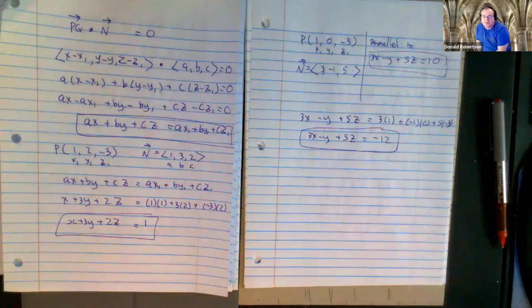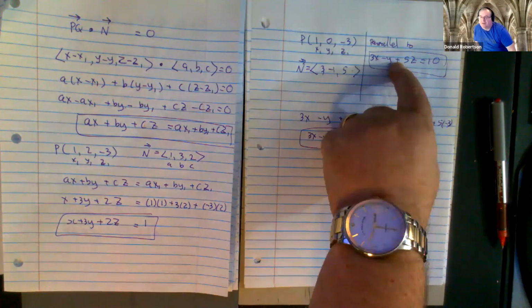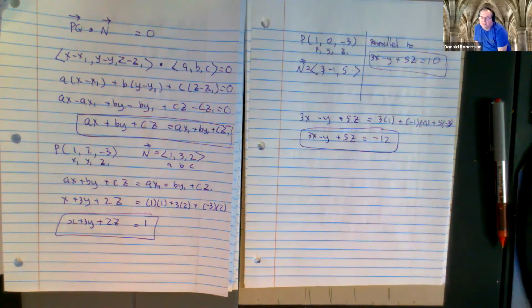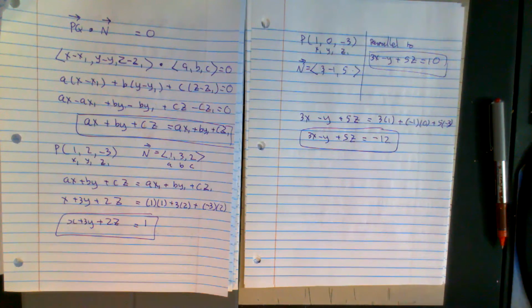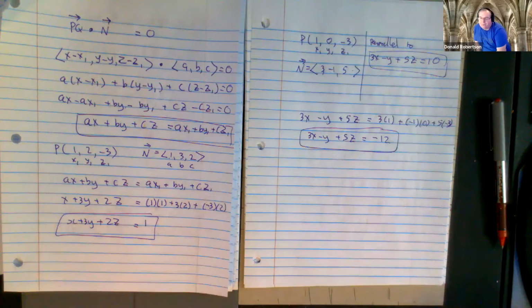Do you notice anything different between my plane and the one that it's parallel to? What's the only difference between them? This is the one we're parallel to, and this is my plane. The 10 and the -12. Yeah.